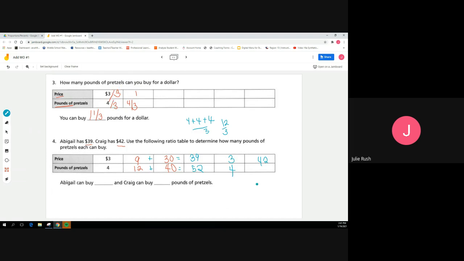That was the ratio they gave us. 39 plus 3 equals 42. And then 52 plus 4 equals 56 pounds. So you can get 56 pounds of pretzels for $42, and $39 will buy you 52 pounds.